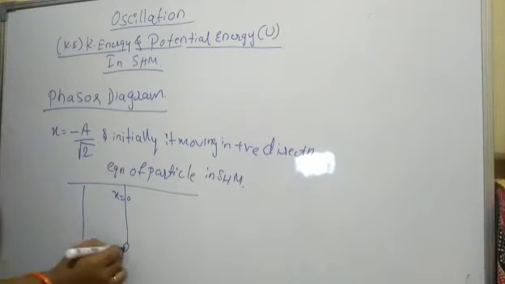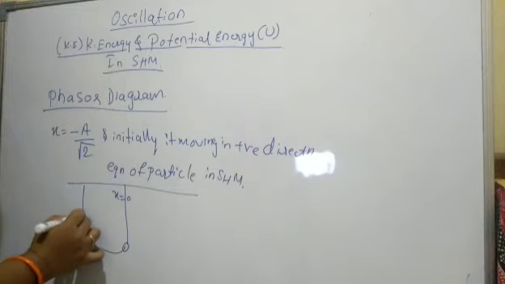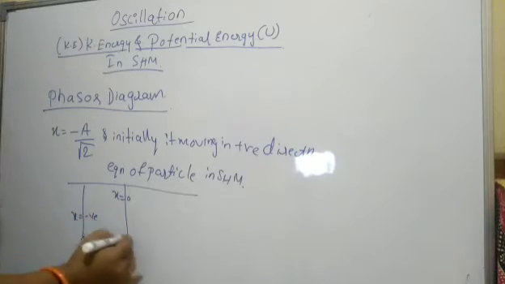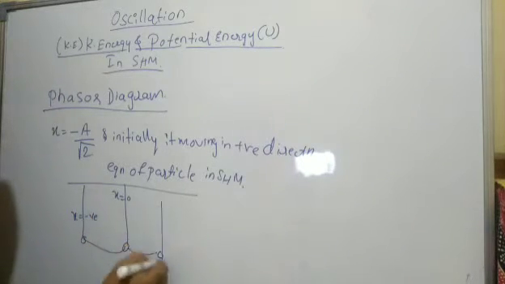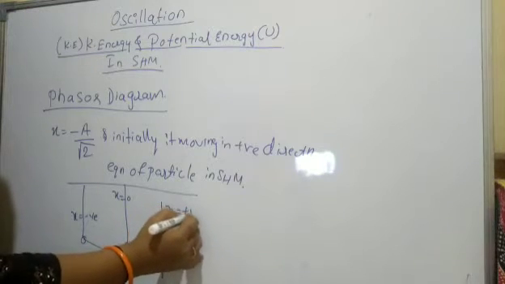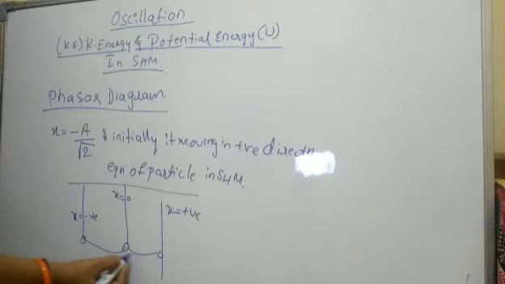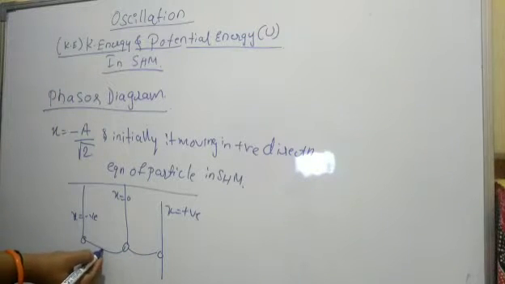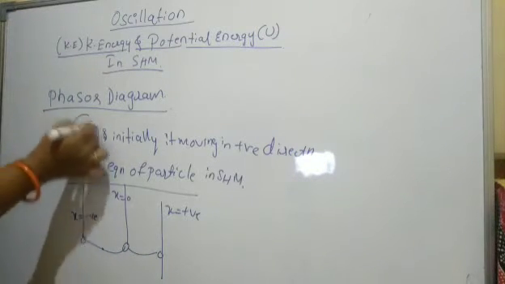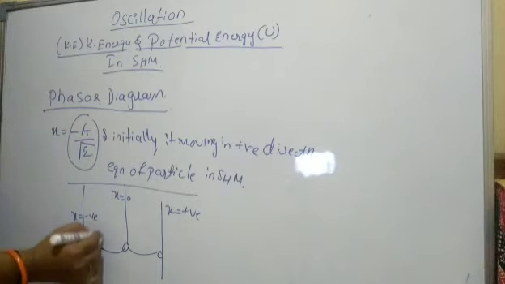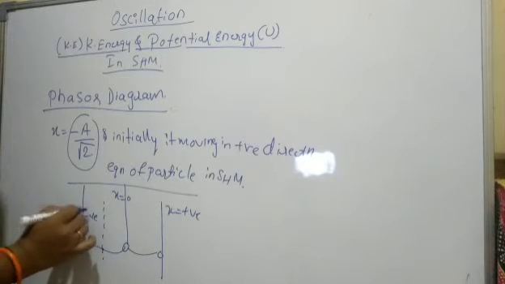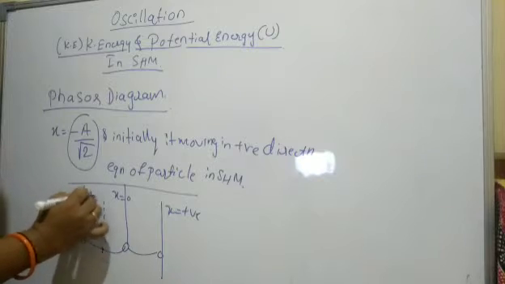So we have x equal to minus a at the extreme negative position and x equal to plus a in the positive direction. Here x is minus a by root 2.